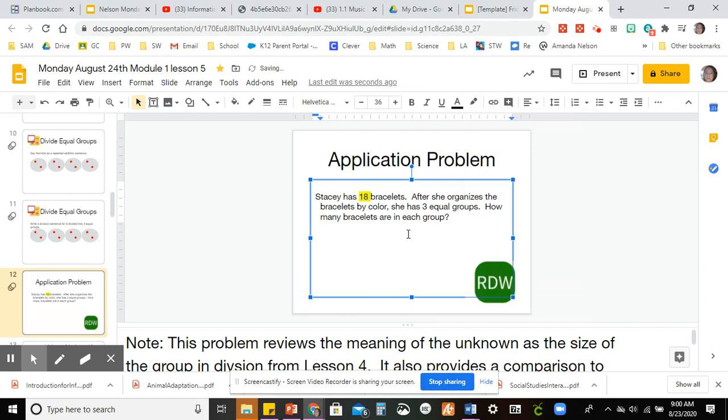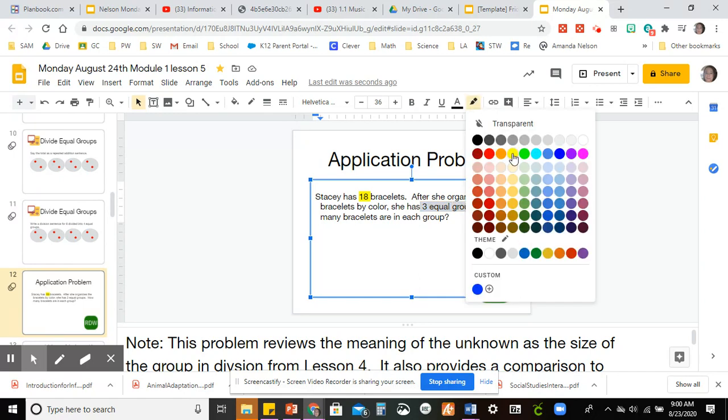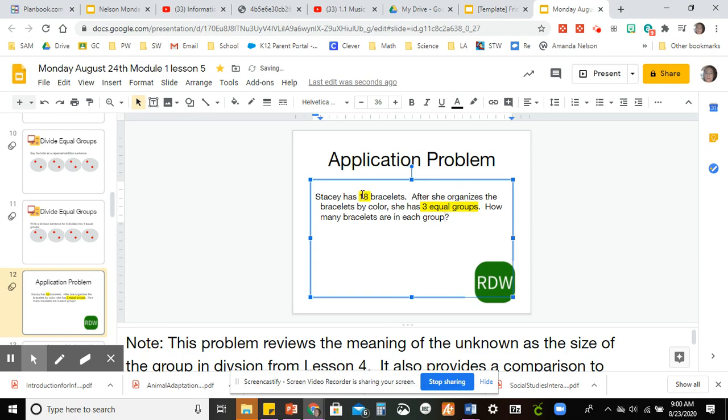There's our total, 18. After she organizes bracelets by color, she has how many equal groups? So we're going to have 3 equal groups. So that's important information right there too. So we're putting 18 into 3 equal groups. And we want to know how many we have in each. So let's see.